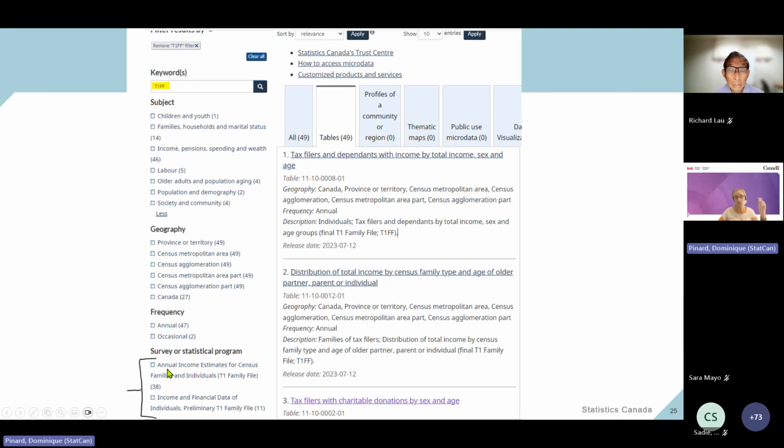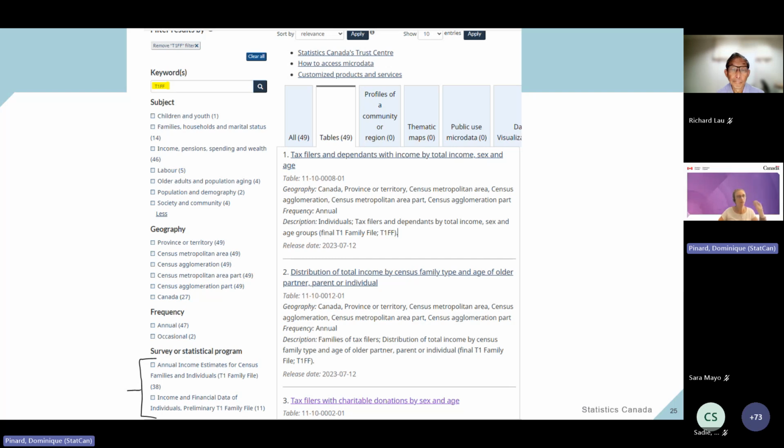Those are the two releases that I referred to earlier: the final or summer release, annual income estimates for census families and individuals, and the winter release, which is the preliminary data, income and financial data of individuals, preliminary T1 family file. That's how you would find the web tables from TIFF.